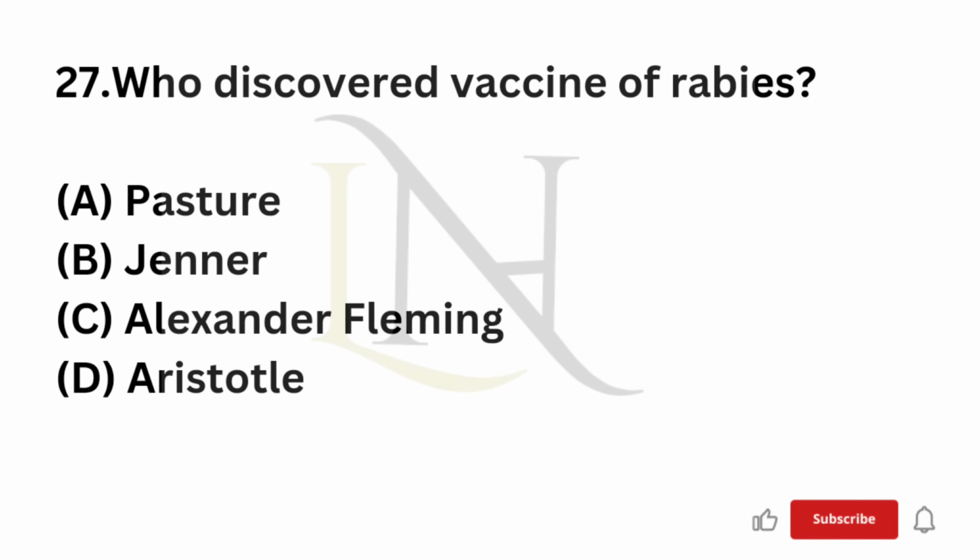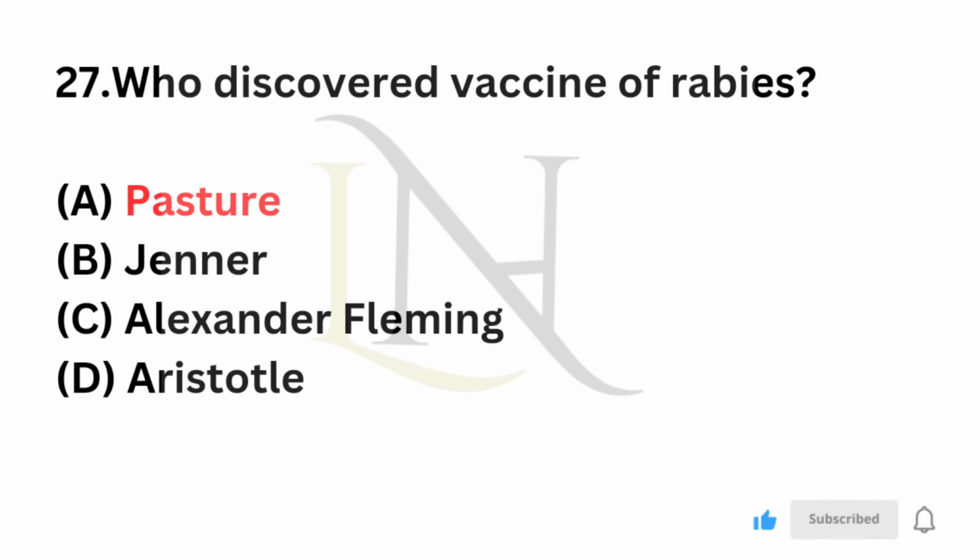Next MCQ. Who discovered the vaccine of rabies? Option A, Pasteur; option B, Jenner; option C, Alexander Fleming; option D, Aristotle. Correct answer, option A. Louis Pasteur discovered the vaccine of rabies and the anthrax vaccine also.